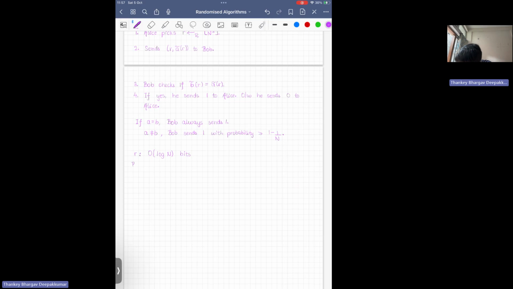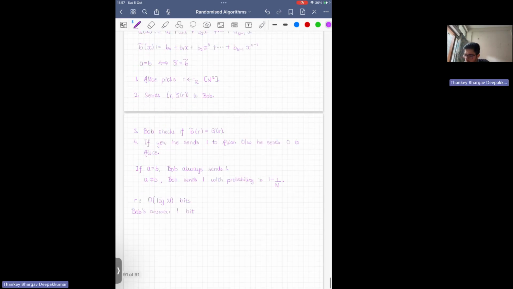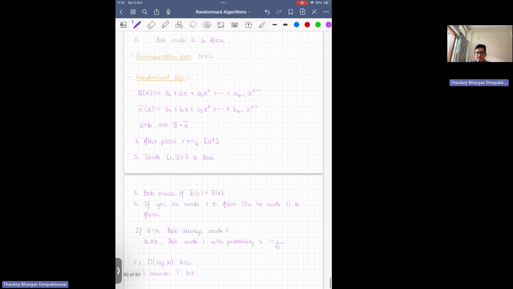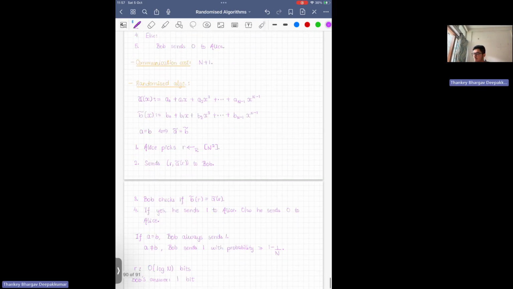Similarly, Bob's answer is just 1 bit. However, the issue is A tilde R. So the question is, how large can A tilde R be? It turns out that A tilde R would be huge.